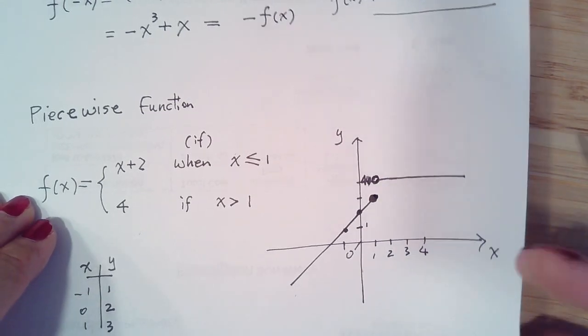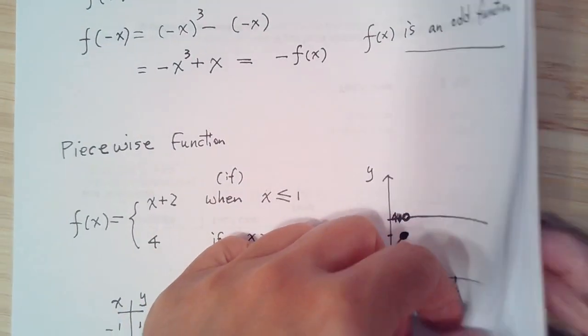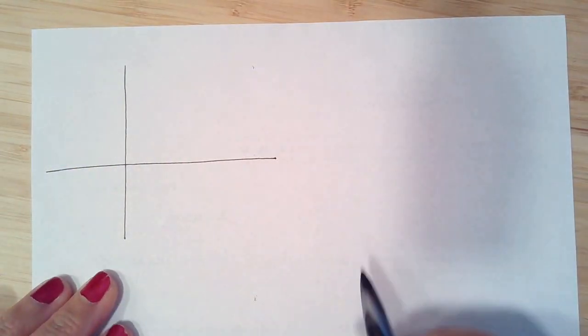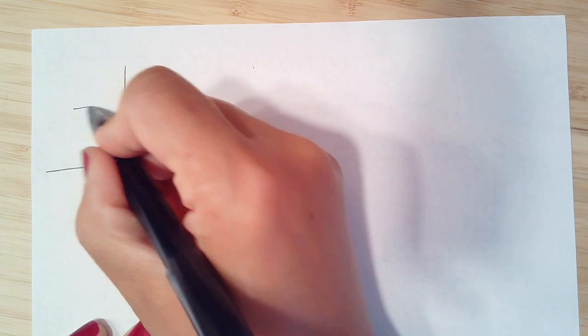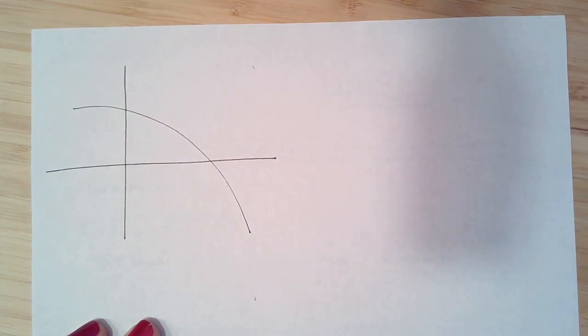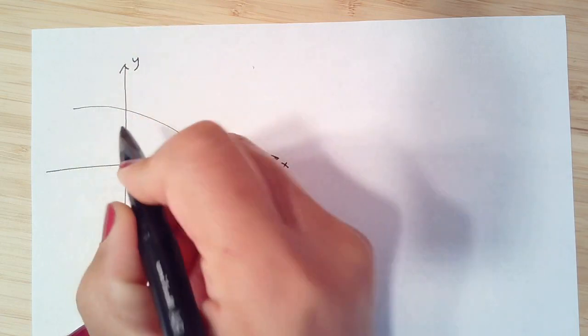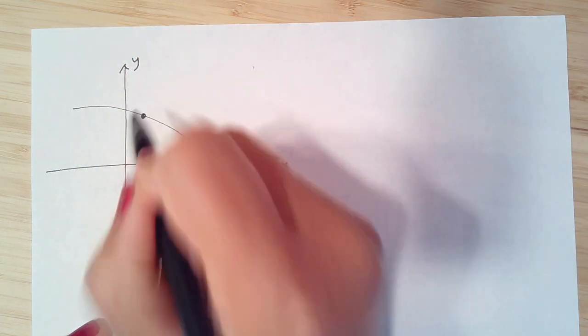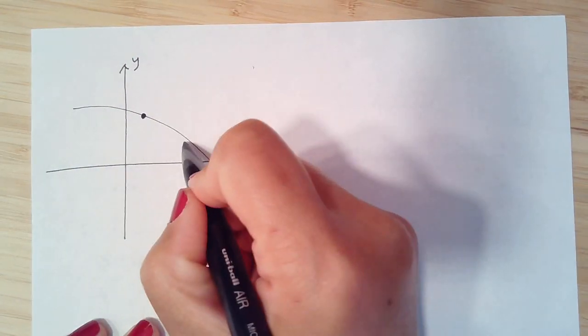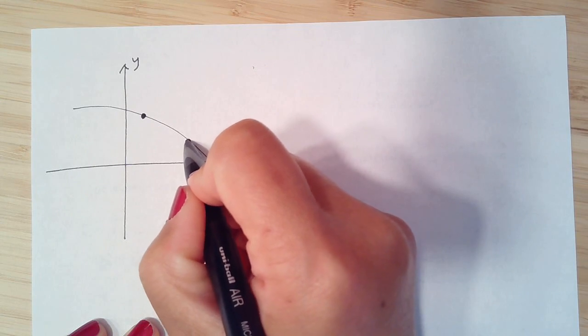All right, now the last thing I ask you to find out is this. If you have a graph, I don't really know the function right now. Okay, so if you have this point, and then you have another point.